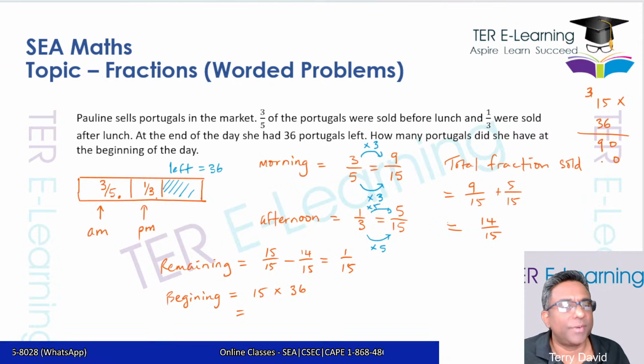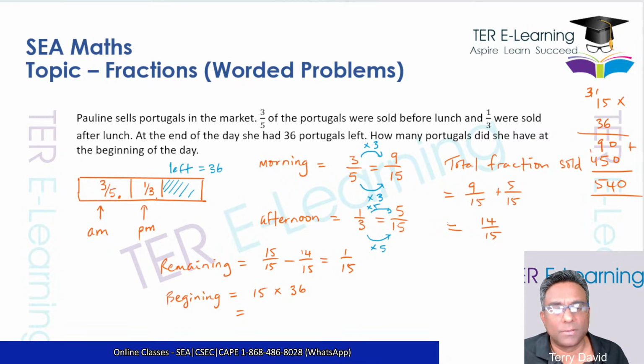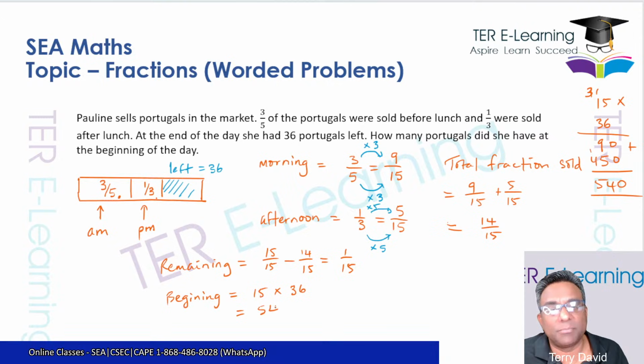Put a 0 here. 5 times 3 is 15, 1 3 is 3 and 1 is 4. We add this: this is 0, 9 and 5 is 14. So we're getting 540 here. I'm getting 540 Portugals at the beginning of the day.